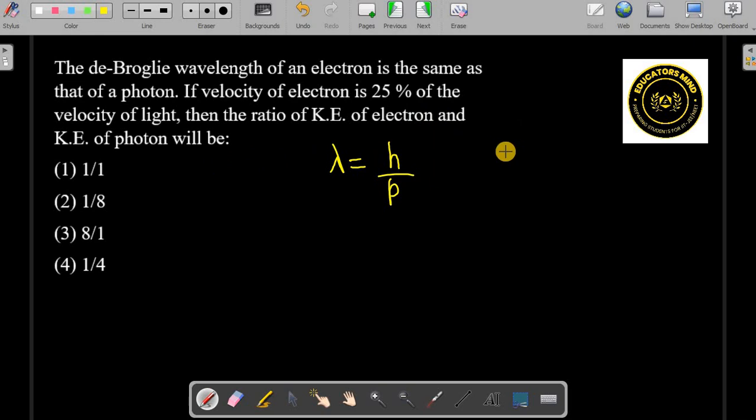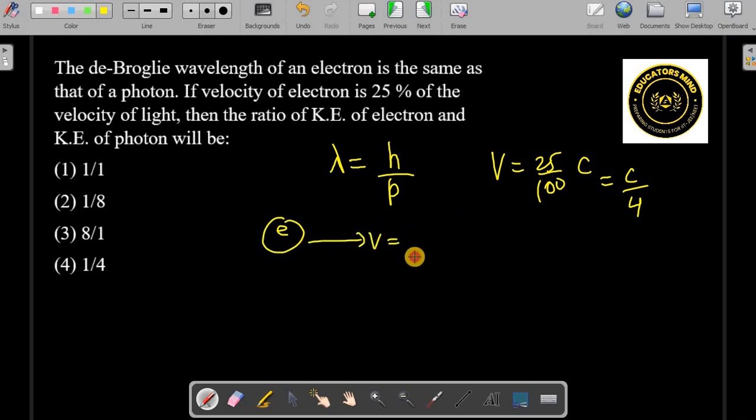The velocity of the electron is 25% of the velocity of light. So velocity is 25 by 100 of the speed of light. So this becomes c by 4, isn't it? So this electron is moving with a speed equal to c by 4, and it has a de Broglie wavelength, right?